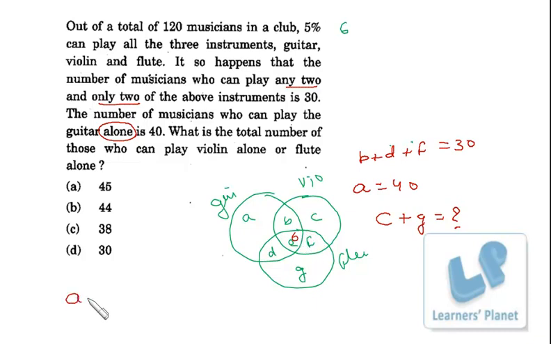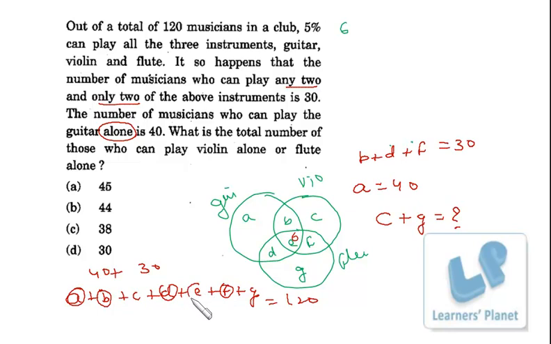B, D, F, I am removing and I am writing 30. A is 40, I am removing and I am writing 40. E, I am removing and I am writing 6.